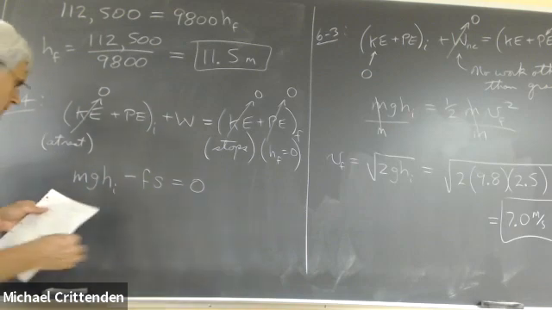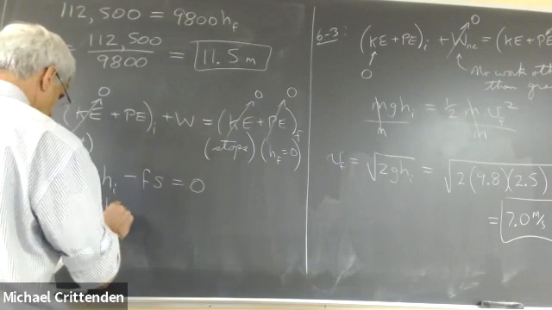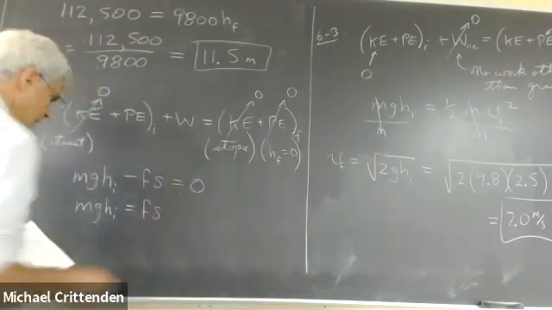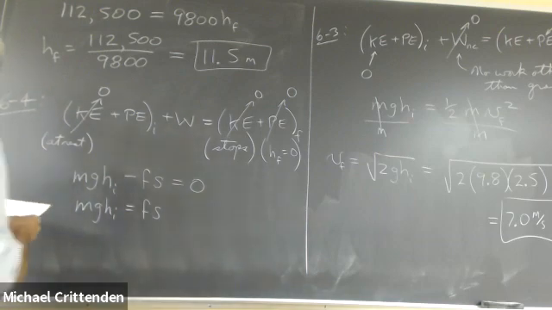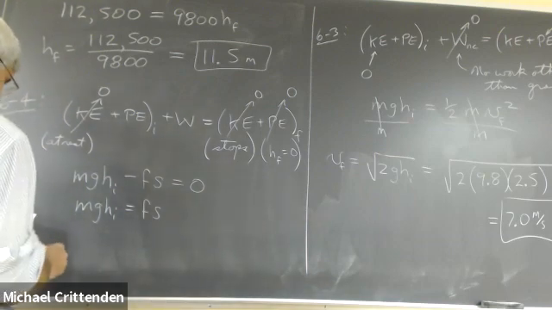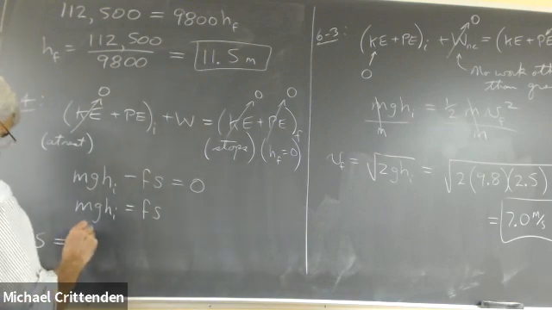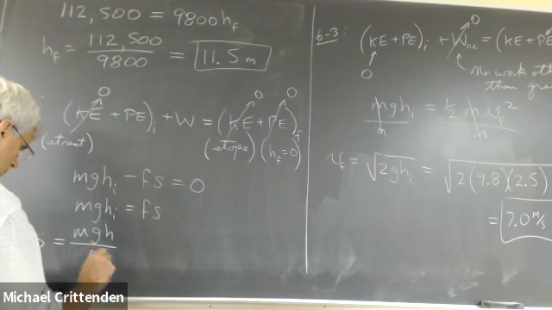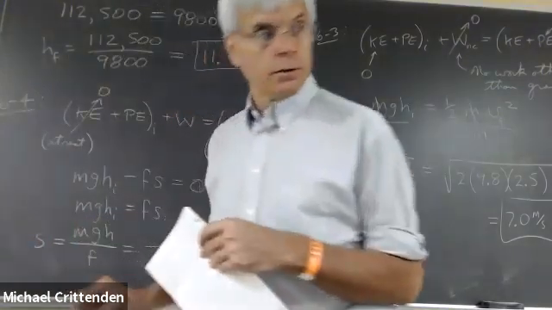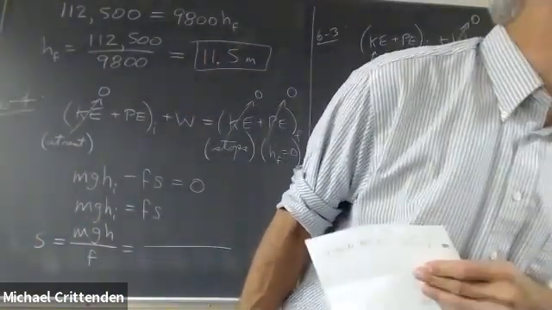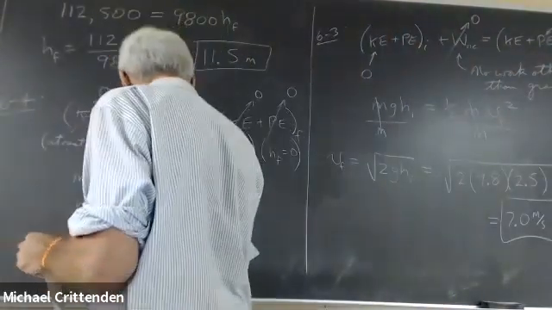So I can add the work term to both sides. S is the distance. How far did you slide? To solve for S, I'll divide by F. Fill in the numbers. Total mass, child plus sled, 65 kilograms.